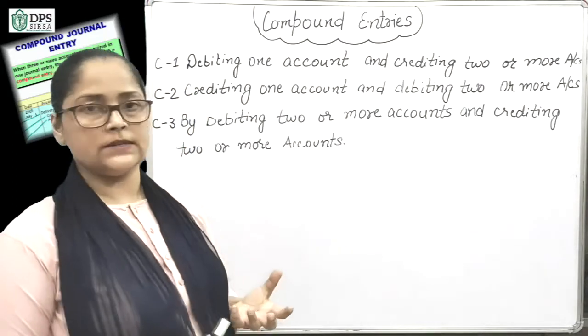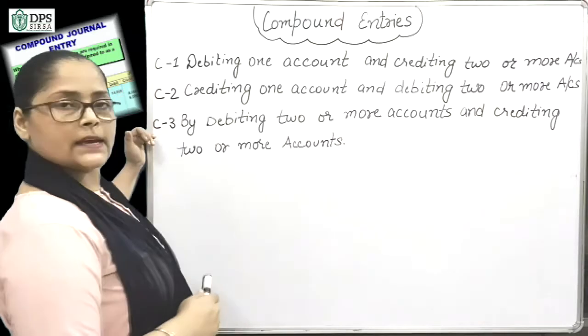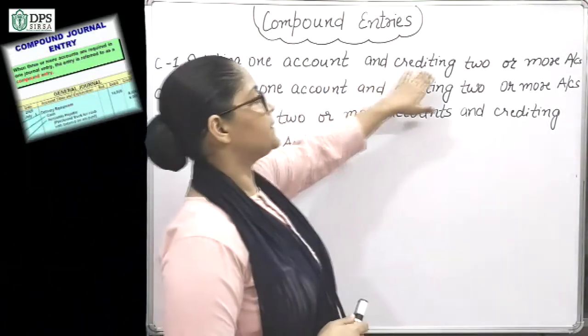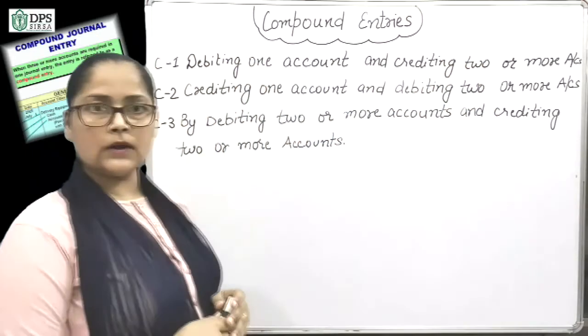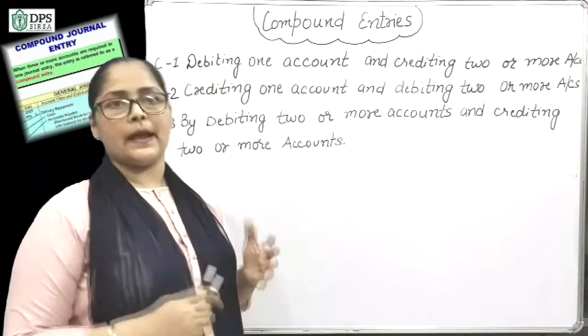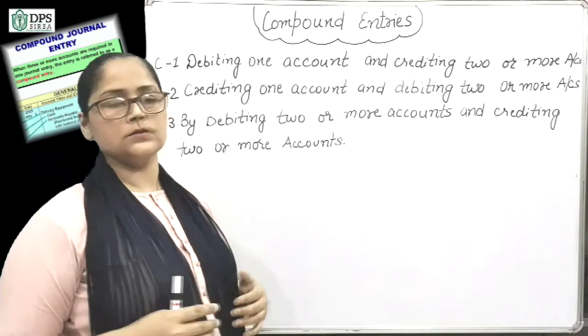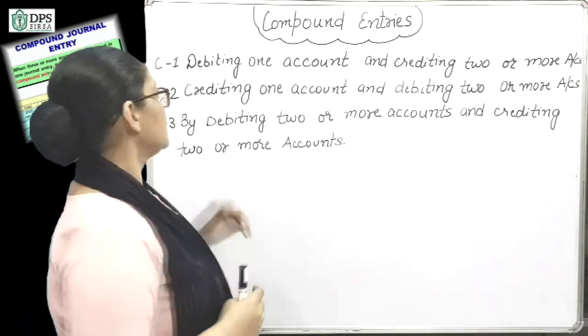What is compound entry? There are three cases: debiting one account and crediting two or more accounts. When we are debiting one account and crediting two or more accounts, then it is compound entry.